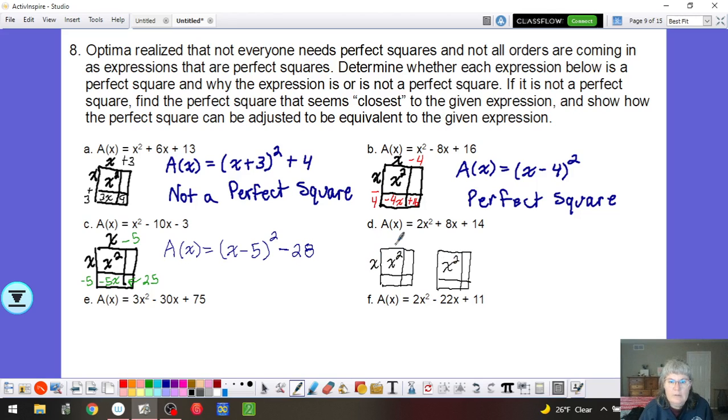And then that 8x has to be divided between the 2 blocks, so half of 8 is 4, but then 4 has to be split up between 2 rectangles. So that's going to be 2. So each rectangle is going to represent 2x, and the units are going to be 4.